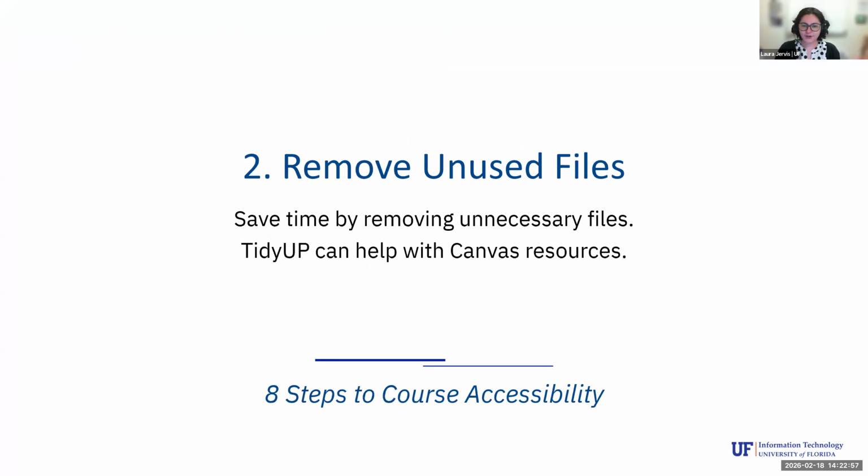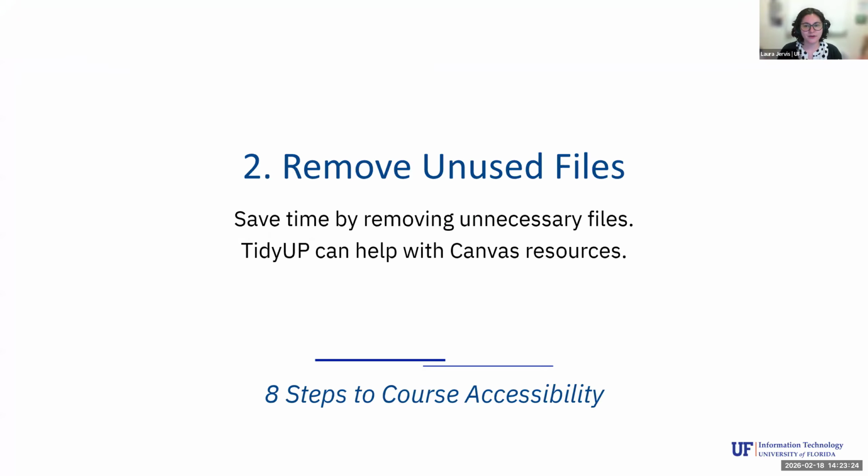So after you've assessed your course and learned what you feel like you need to know upfront about digital accessibility, sometimes, all right, you've been teaching a class for years. Maybe you inherited it from someone else in the first place. You've changed things over time. The file system can be really cluttered. So sometimes that can be a little bit overwhelming.